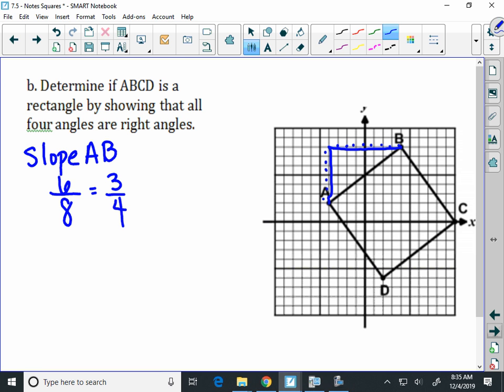Because now what we're looking at is when we do the slope of BC, drawing our triangle here, we want this slope to be the opposite reciprocal. So we want the fraction flipped, and we want a different sign. And as we count from C here, we're going to go 1, 2, 3, 4, 5, 6, 7, 8.